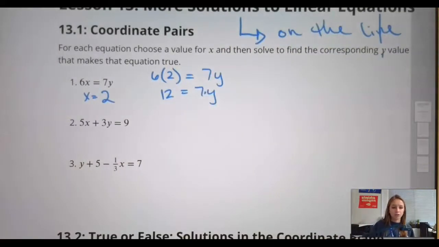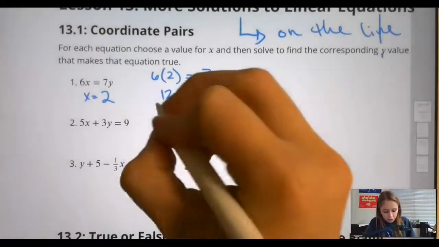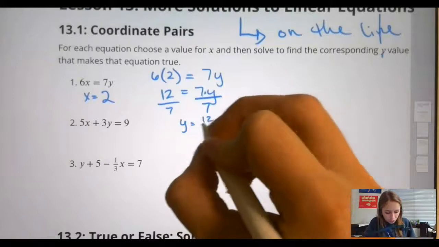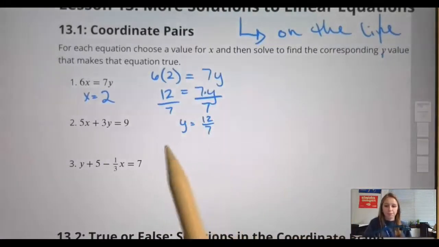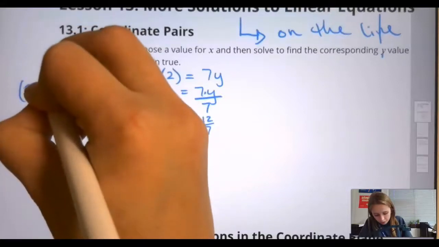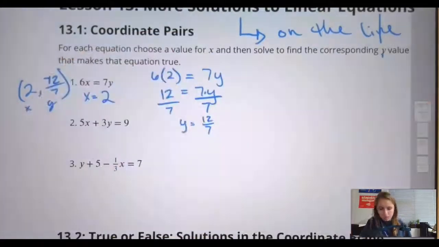So to undo that, I have to do the opposite of multiplication, which is division. So I'm going to divide both sides by 7, and I get 12 over 7 as my answer there. So I'm going to go ahead and write this as a coordinate: 2, 12 over 7. Those are my x and y values there.